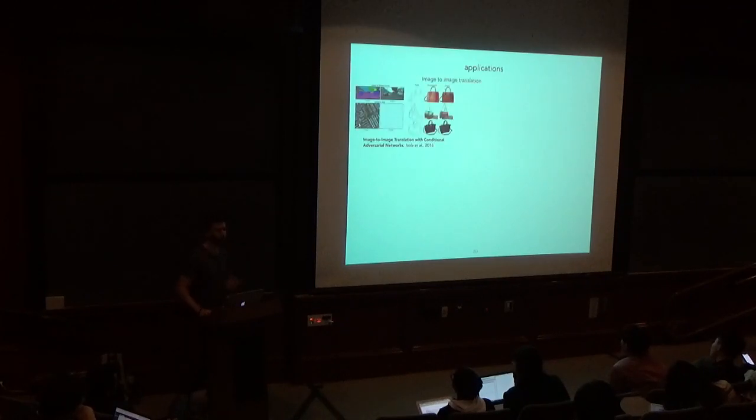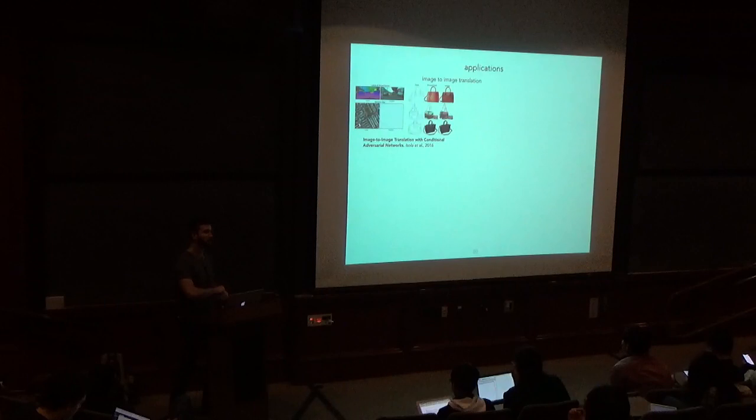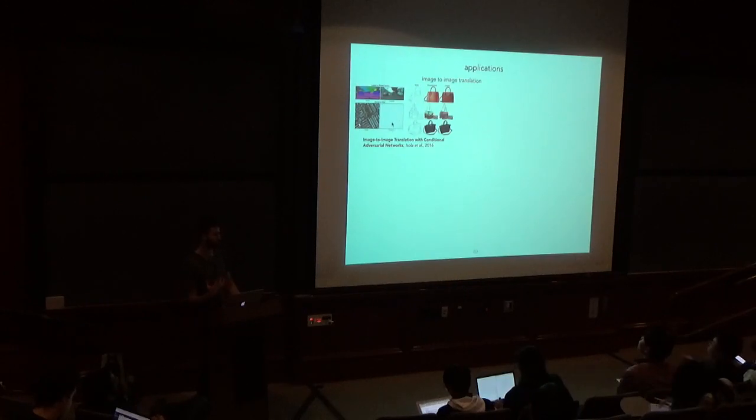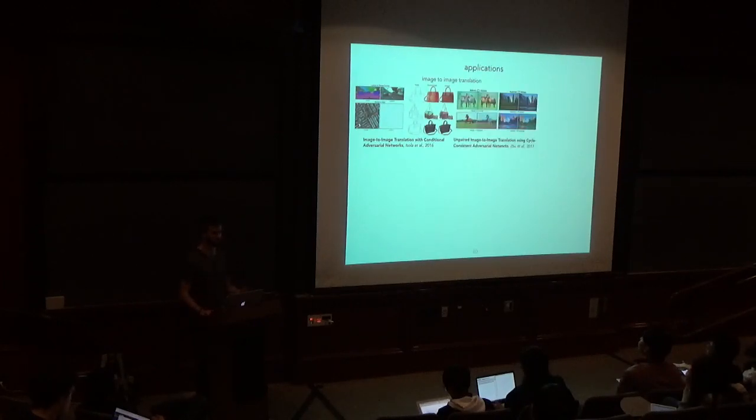And some applications people have looked at, not just transforming noise into observations, but also transforming between different forms of data. So here you have taking a map and transforming it into the non-satellite version, or a masked version versus generating the actual image, sketches to real images.